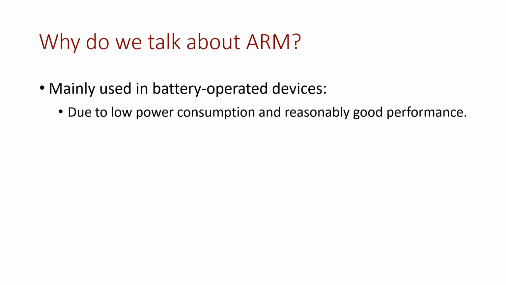And why do we need to talk about ARM? Because all the modern mobile phones and modern devices are operated with low power and they have to give good performance. So we are in need of low power devices, and also with this low power consumption, the devices have to give good performance.